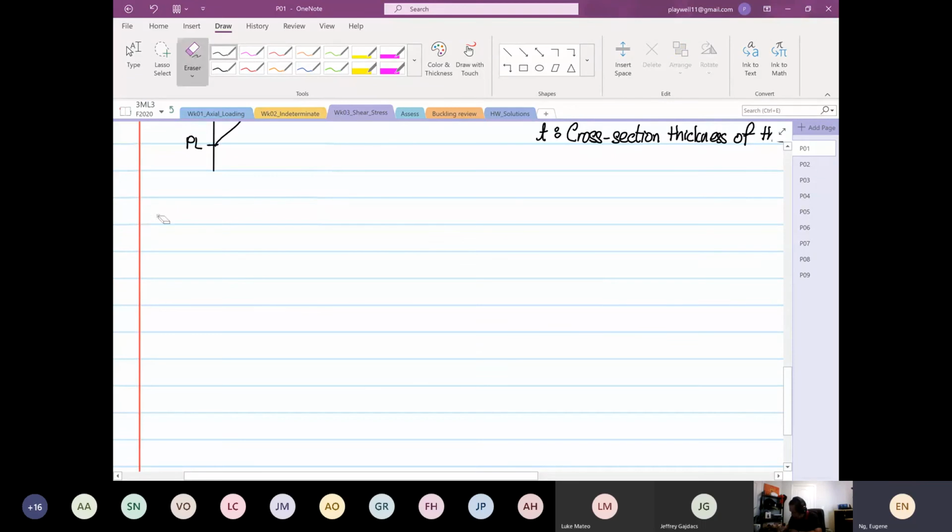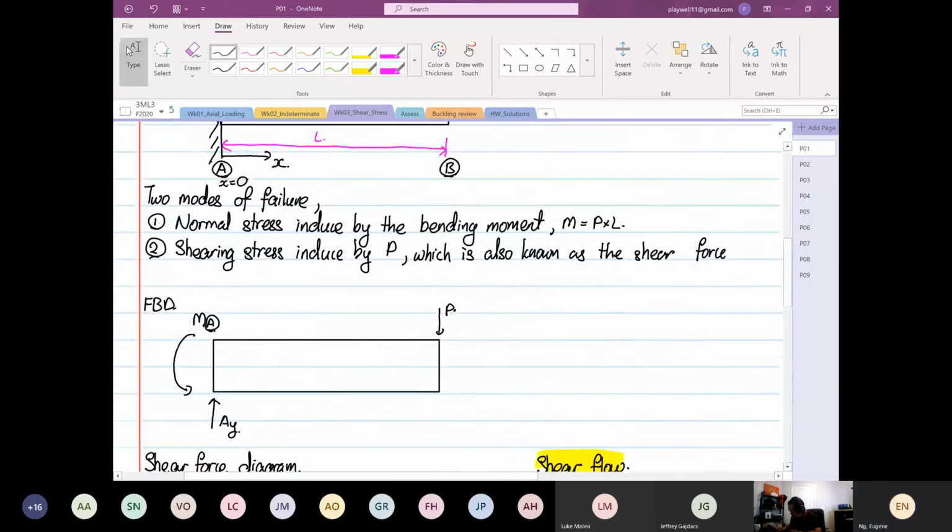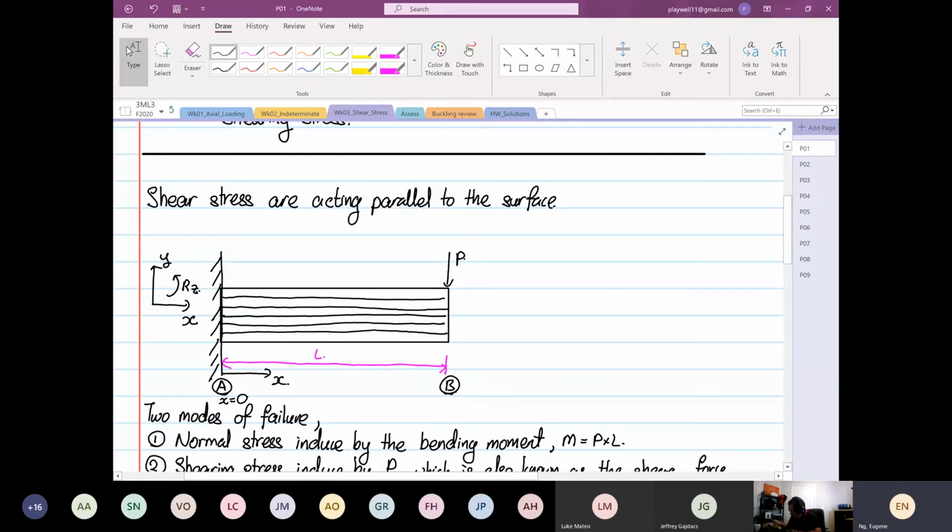Now, before we go on, one thing to highlight: the shear stresses act parallel to the surface, not perpendicular to the surface that we are looking at.